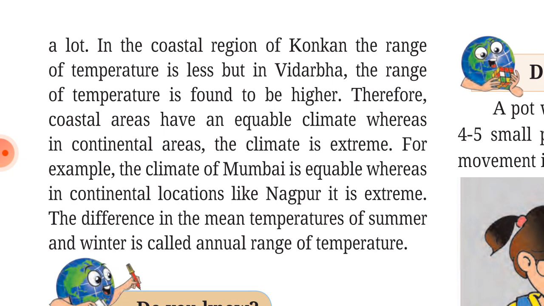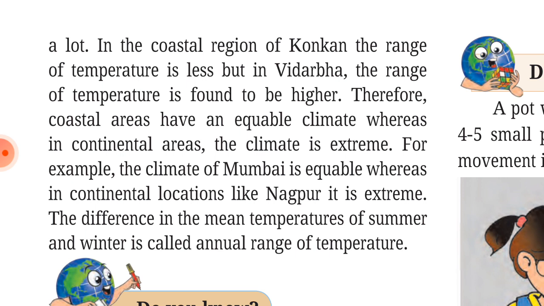The difference in mean temperature of summer and winter is the annual range of temperature. We can measure the difference of temperature of daytime and nighttime for one day in a specific place. That is known as the diurnal range of temperature. But we can also find the difference of temperature throughout the year, which is called the annual range of temperature.